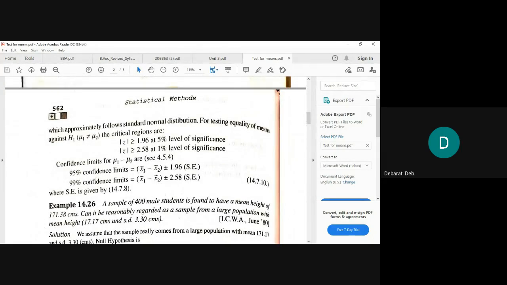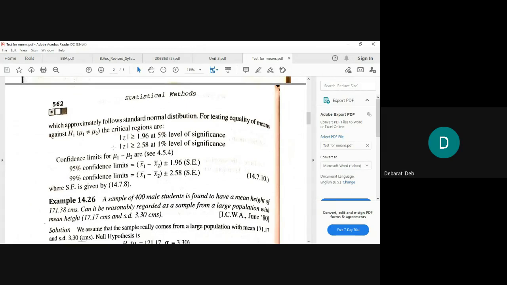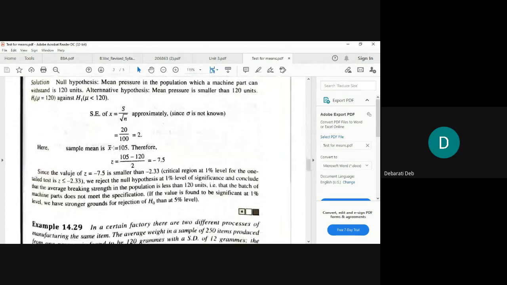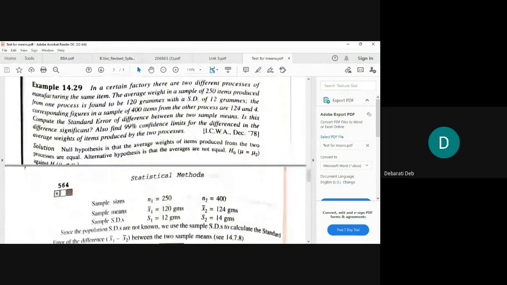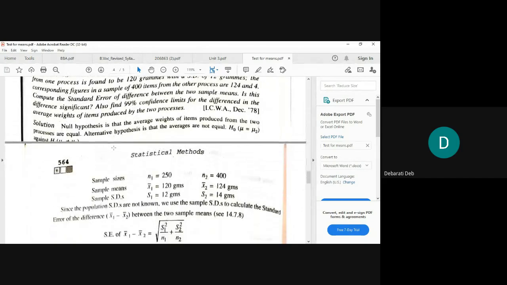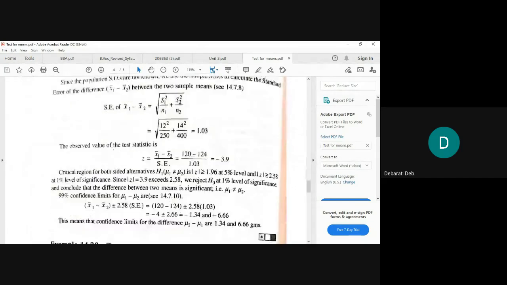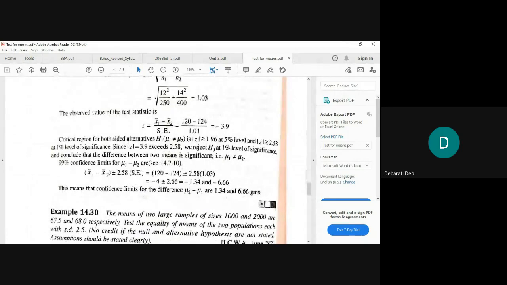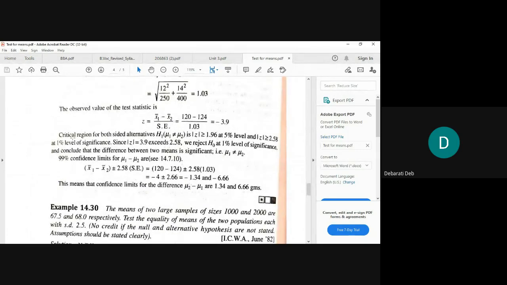You are not asked in this question, but if you are asked, then you can use the formula for calculating the confidence limits at 5% or 1%, whichever is asked. This portion, 99% confidence limits, is not required because it is not asked in this question.